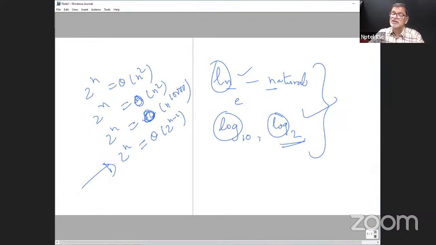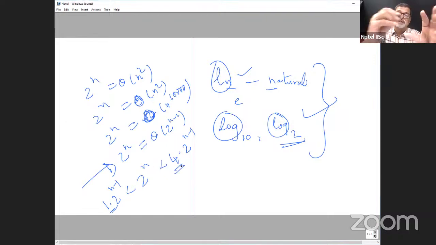That is because you can see that 2 to the power n is less than, let us say, 4 times 2 to the power n minus 1. And 2 to the power n is greater than 1 times 2 to the power n minus 1. So you have constants 1 and 4 fitting that definition.